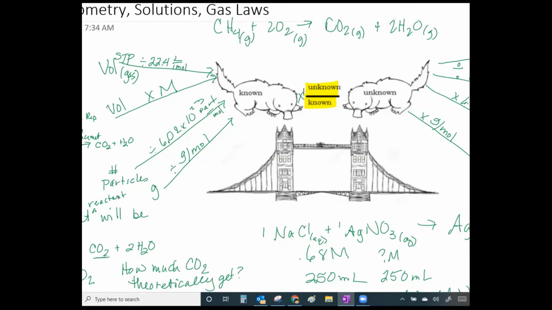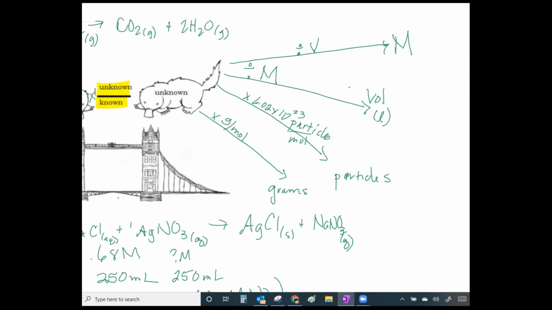That is the molar volume of a gas at STP to get moles. If you're solving for the volume of a gas, you multiply by 22.4 liters per mole. Okay?